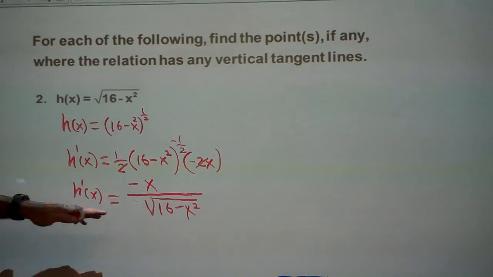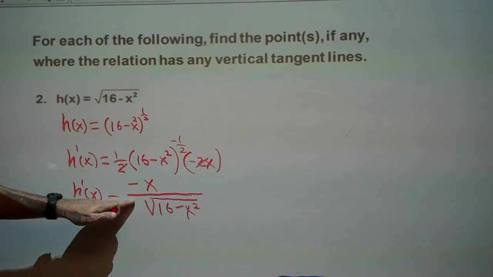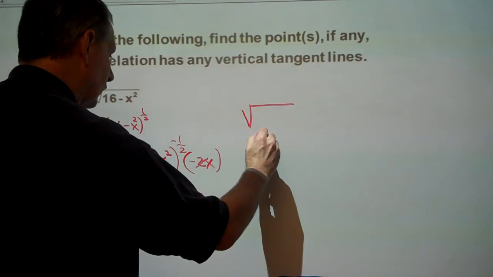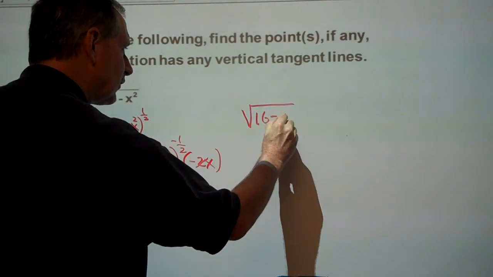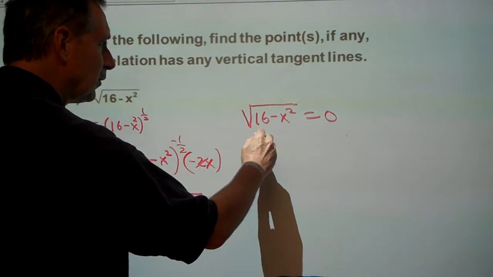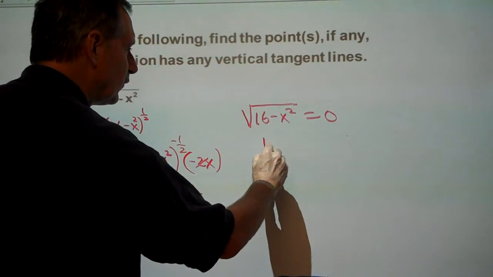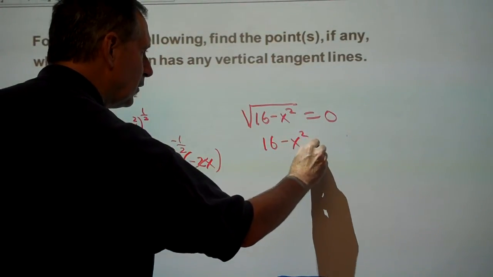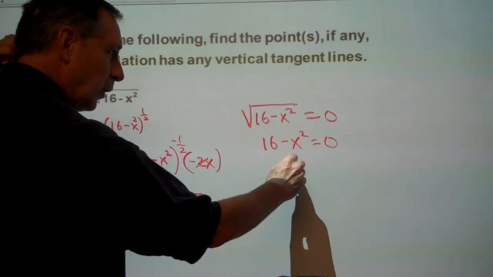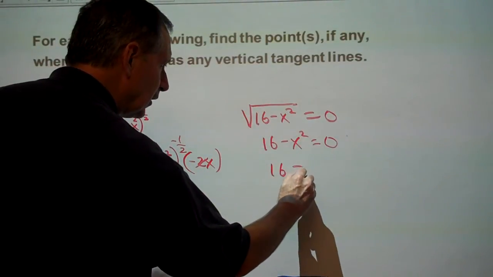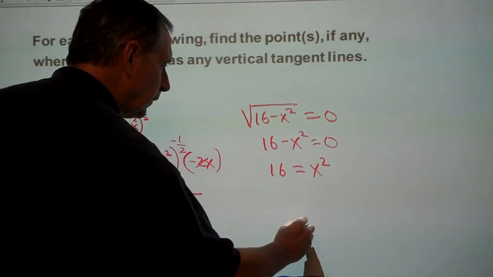So again, we take our denominator, set that denominator equal to 0, so we have the square root of 16 minus x squared equal to 0, and squaring both sides, we have 16 minus x squared equals 0. We can add x squared to both sides, so we have 16 equals x squared.